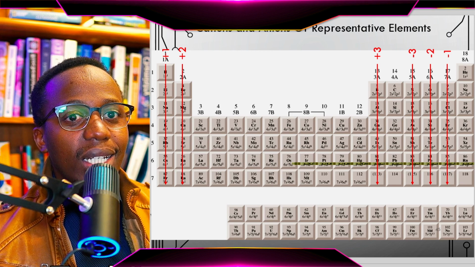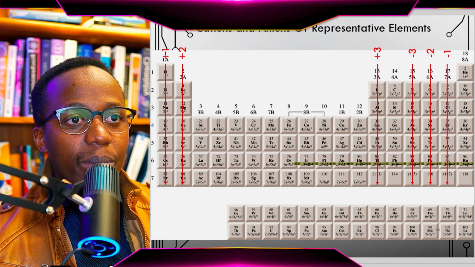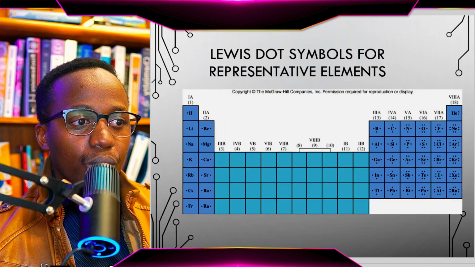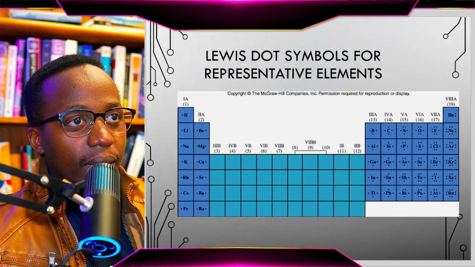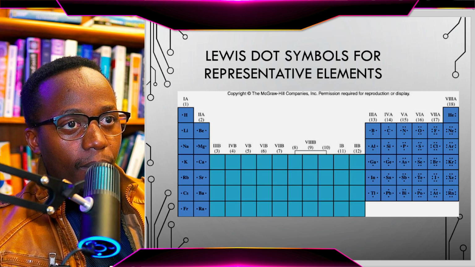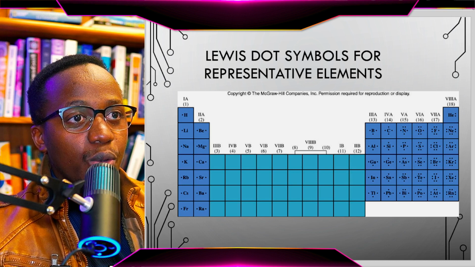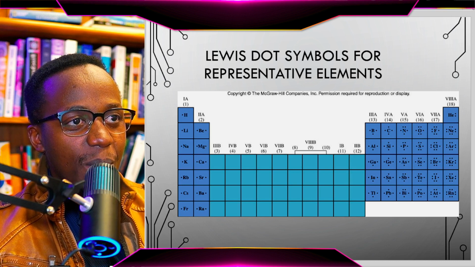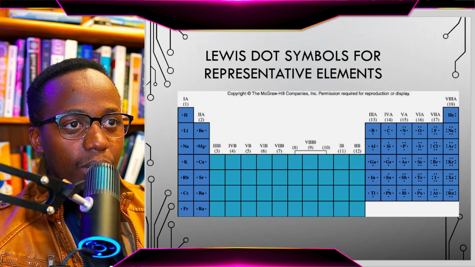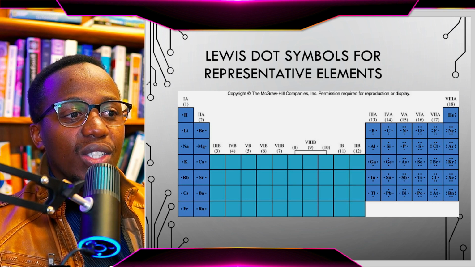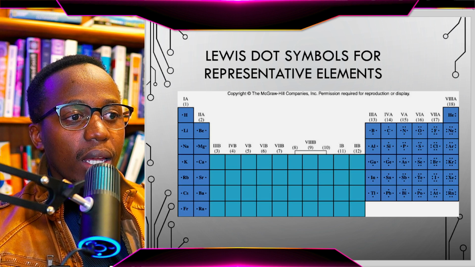And we not only need to know this, but we need to remember where they come from. Where do they come from? They come from the Lewis structure, of course. So looking at the Lewis structure, every group has a similar Lewis structure, meaning that it has the same number of electrons in the outer layer. And because of that, it's going to behave the same way.